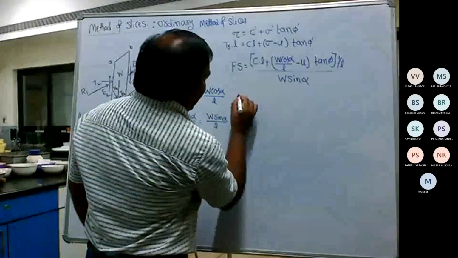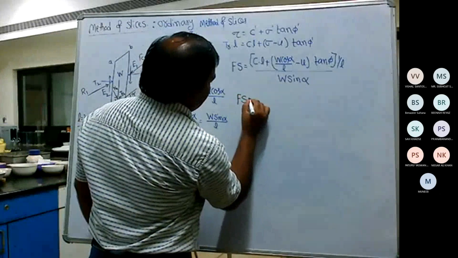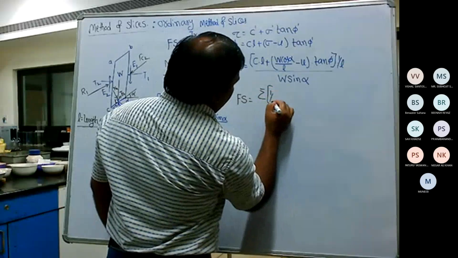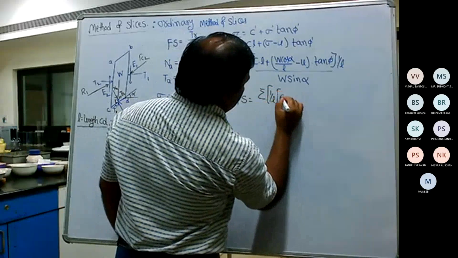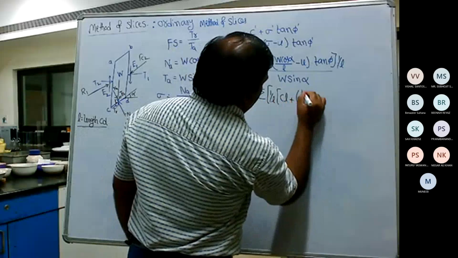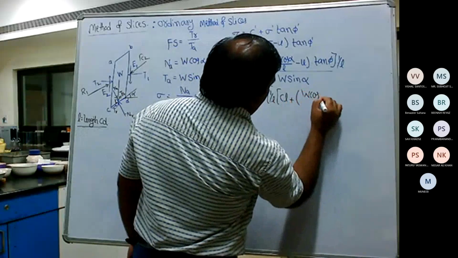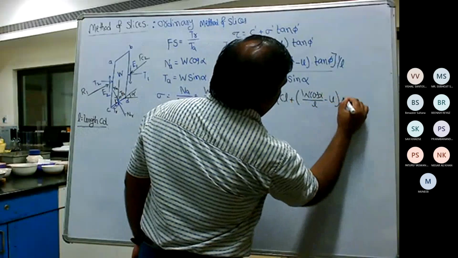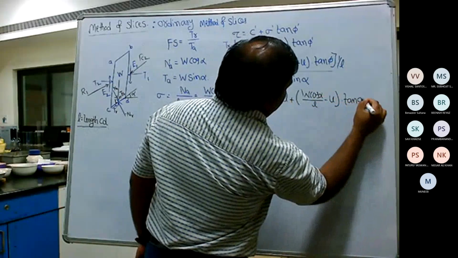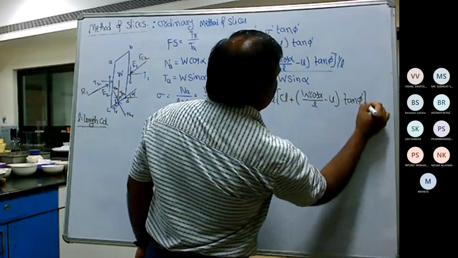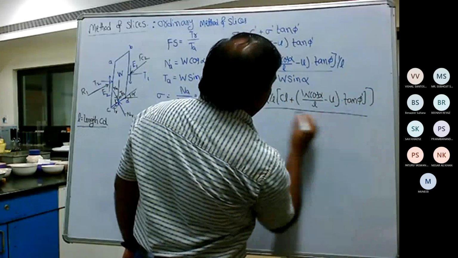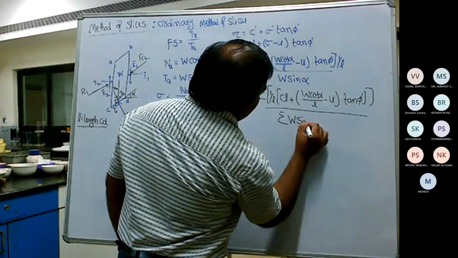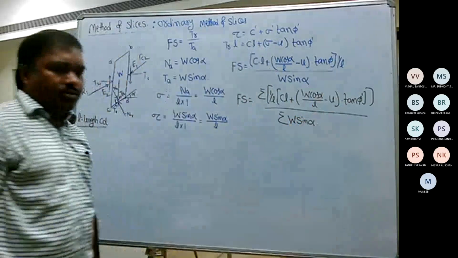Therefore, this can be written as the factor of safety is nothing but the summation of 1 by L into CL plus W cos alpha divided by L minus U into tan phi dash, divided by again the summation of W sin alpha, W sin alpha.